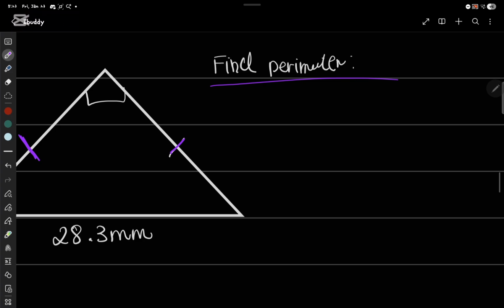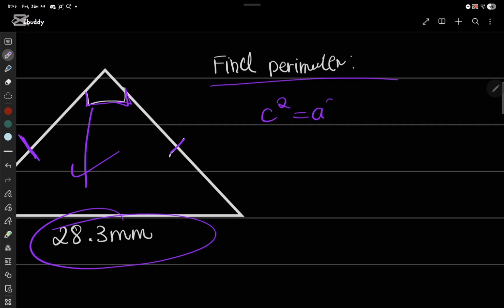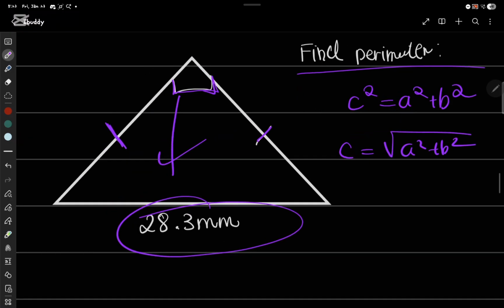So in order to find these two sides, we have a right angle here. So we know that it's a right angle triangle. And this is the hypotenuse because it's opposite to the right angle, right? So we have c squared equals a squared plus b squared. I usually don't jump into this formula yet while solving these unknowns.